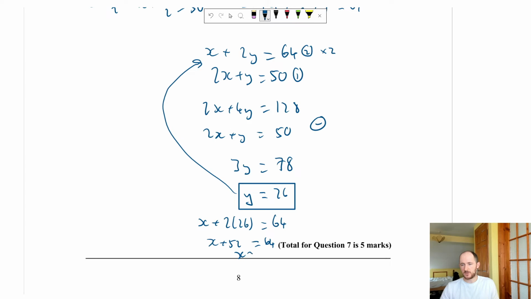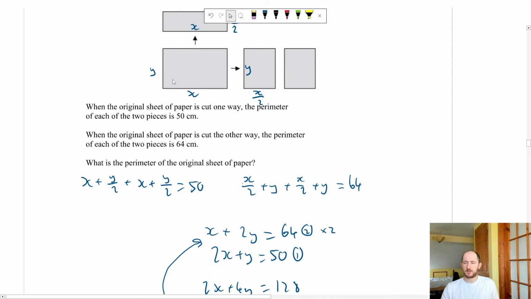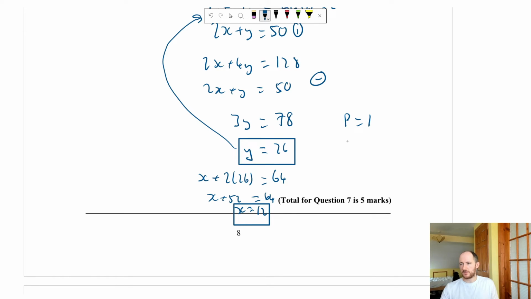So x is equal to 12. So the perimeter now is going to be x plus x plus y plus y. So it's going to be 12 plus 12 plus 26 plus 26. So we get 24 plus 52, and we get 76 centimeters. There we go, 5 marks.